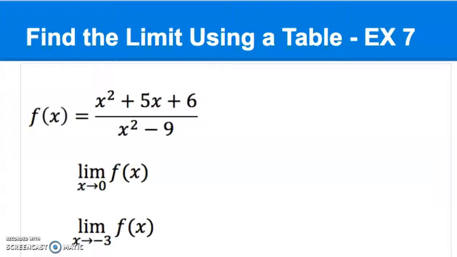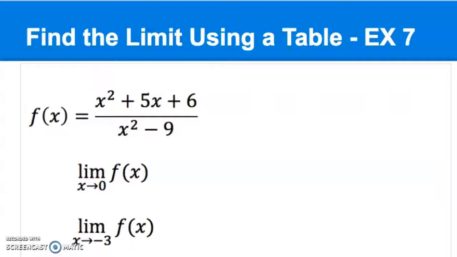In example 7, go ahead and try this before you watch the video. But if you have tried it already, you've got a rational function where you've got a polynomial in the numerator and a polynomial in the denominator. And you always want to start off evaluating your limit by just plugging in the number and seeing if it works.